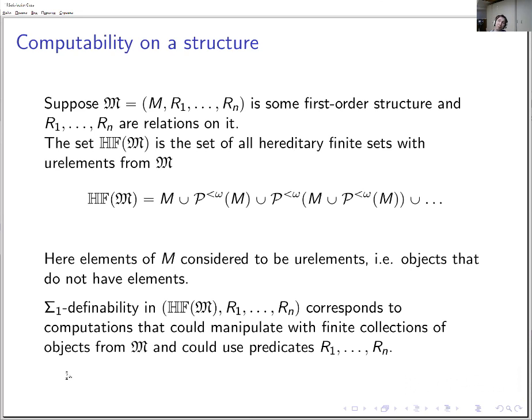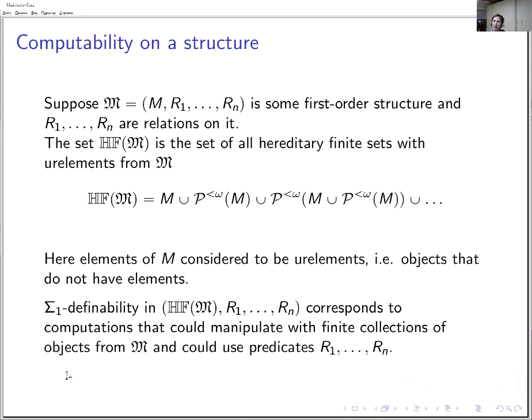But we don't want some more powerful access to reals, for example, to treat reals as just some oracles. So we want a model of computation that is allowed to manipulate these reals but only use arithmetic operations.